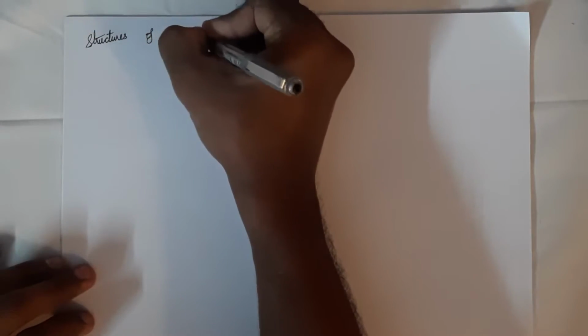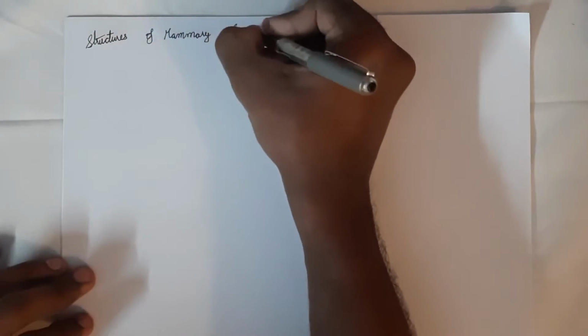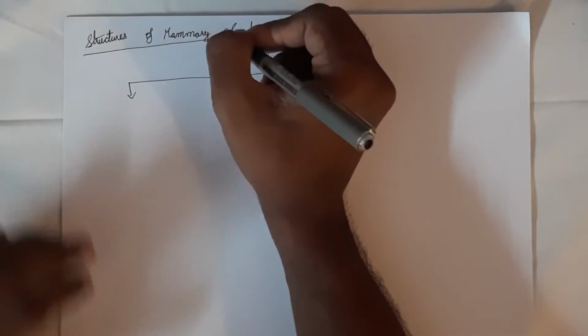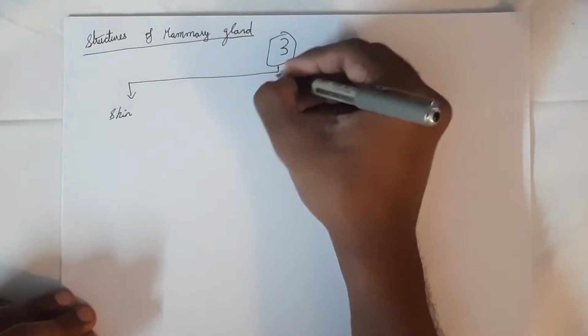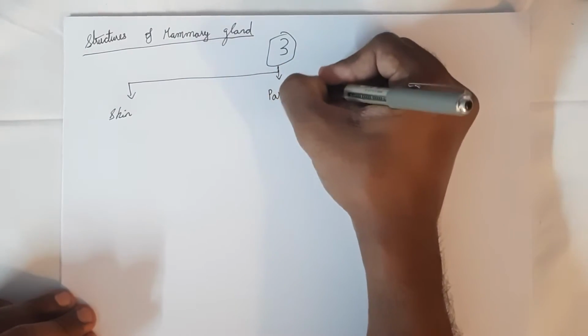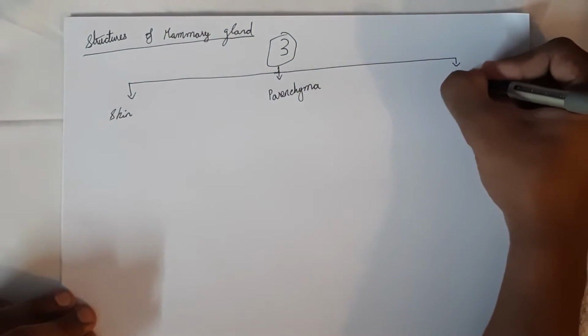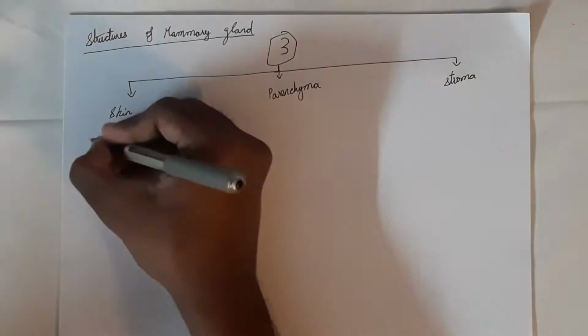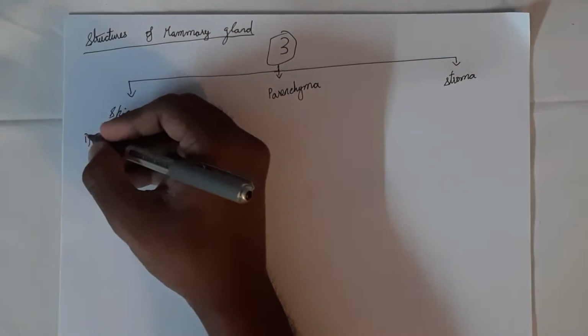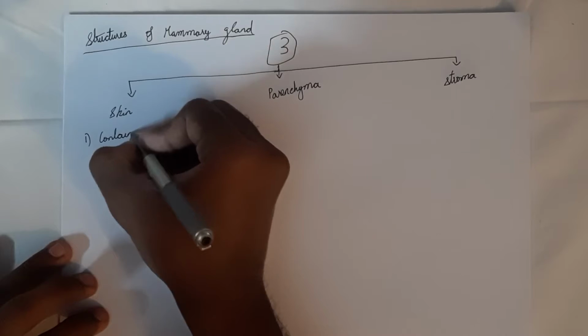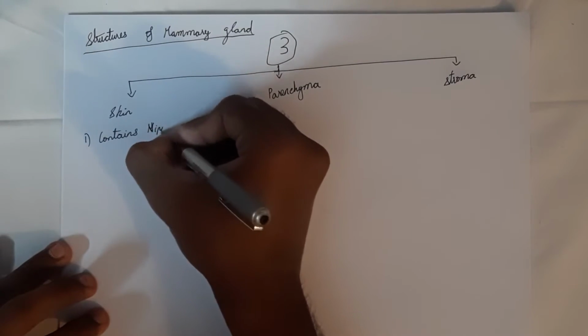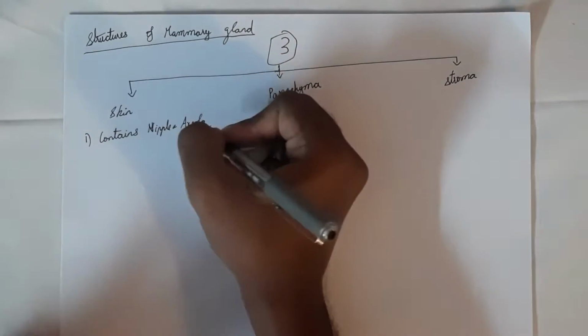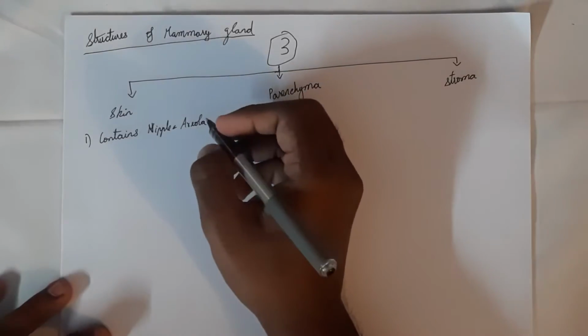And now we move on to the structures of the mammary gland. There are 3. They are the skin, the parenchyma, and the stroma. Moving on to the skin. Skin contains the nipple and areola. So now on to the nipple first.